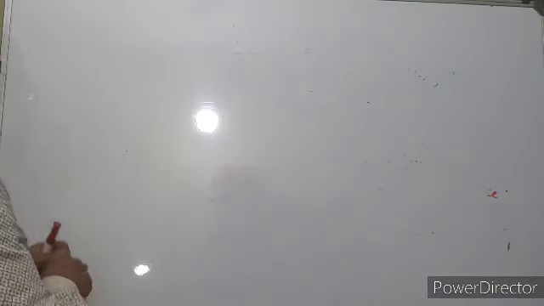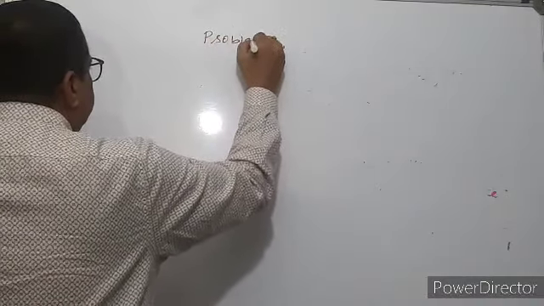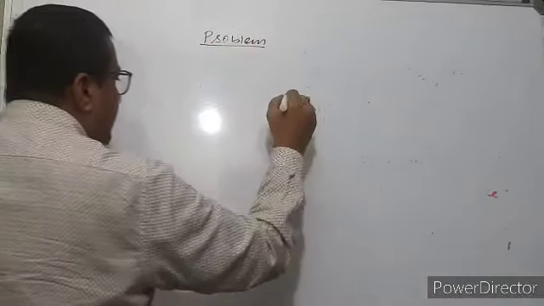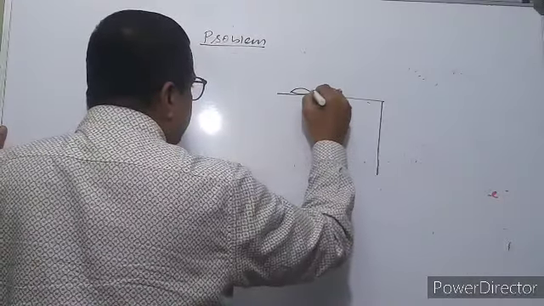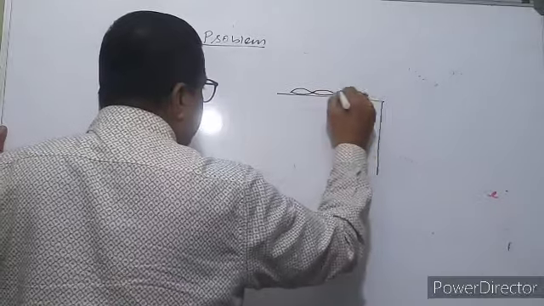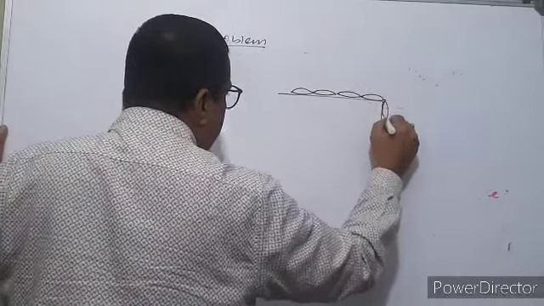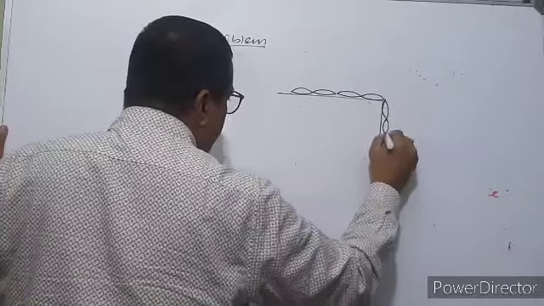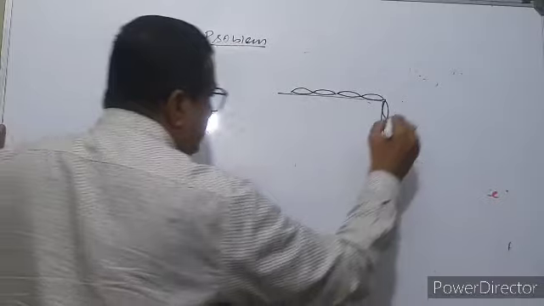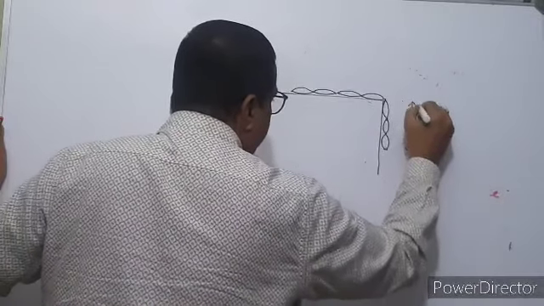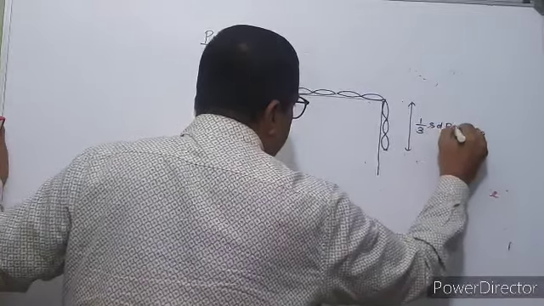Suppose that problem, there is a table, one chain is kept, some part of the chain is kept on the table and some part is downward. Some part means 1/3 part is downward, this is the 1/3 part, 1/3 part is downward.